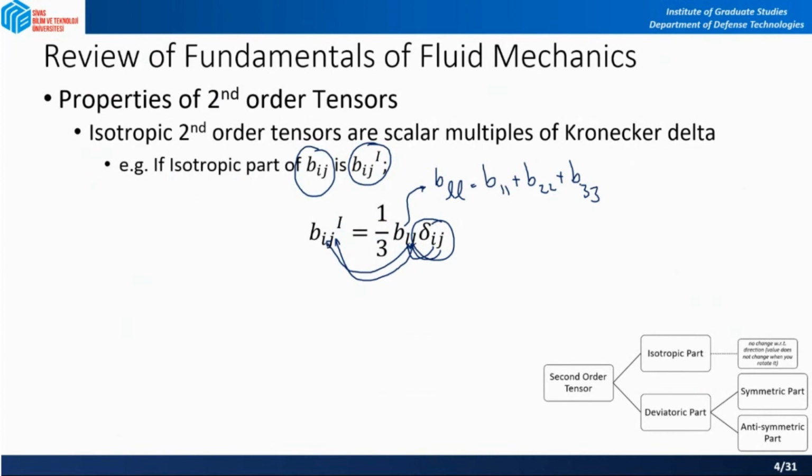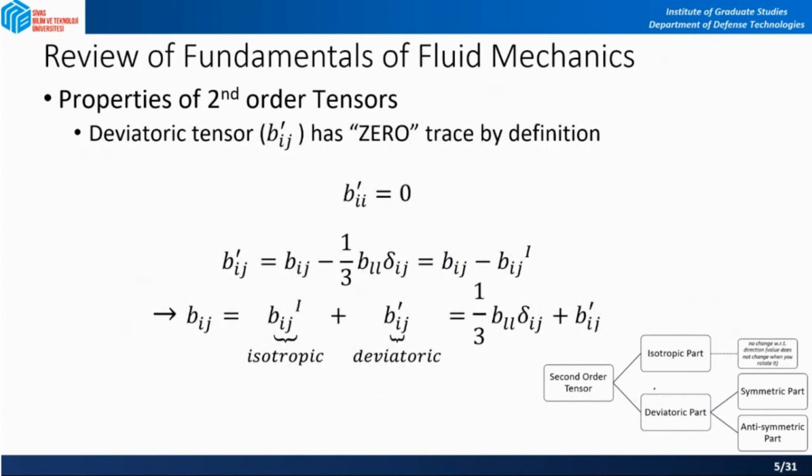And unlike the isotropic part, the other part, the deviatory part, it's a fancy name, given for something that is changing with coordinates. Okay, the isotropic part is not changing with the coordinate, but deviatory part is changing with the coordinate. So this deviatoric tensor, we call it Bij prime.